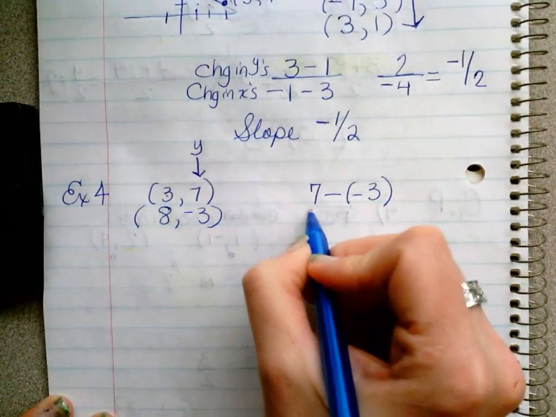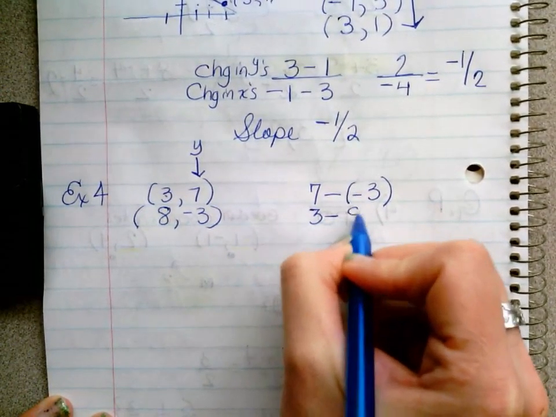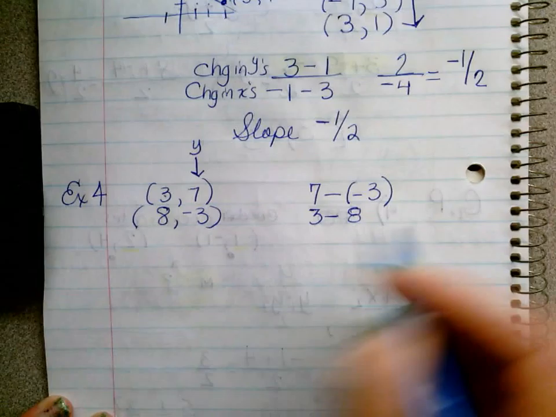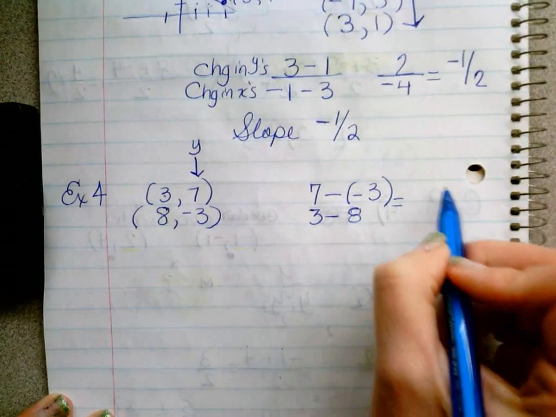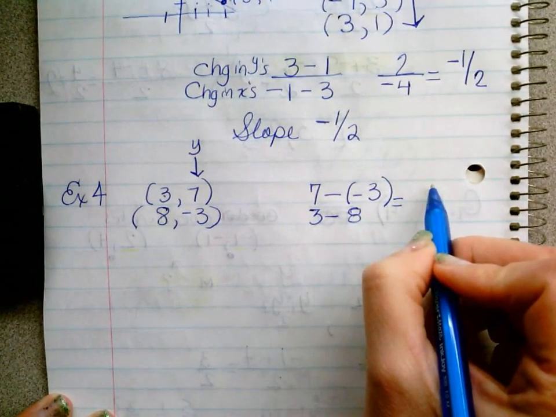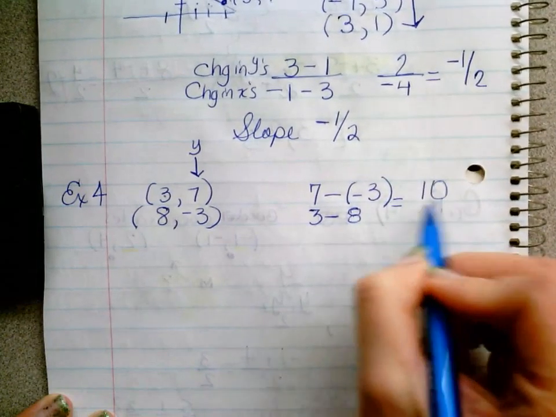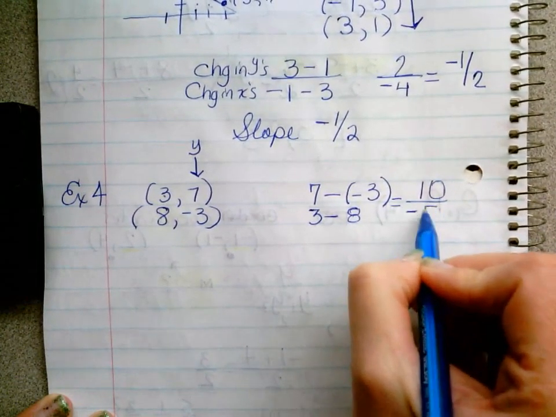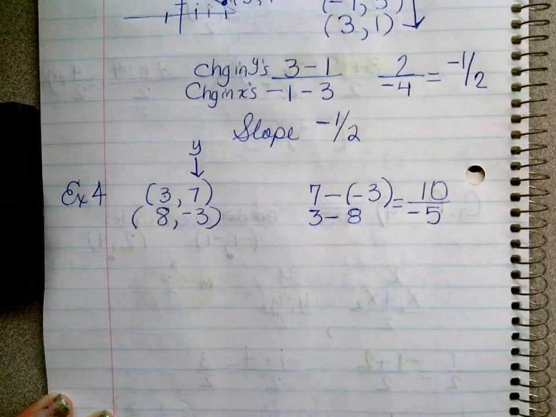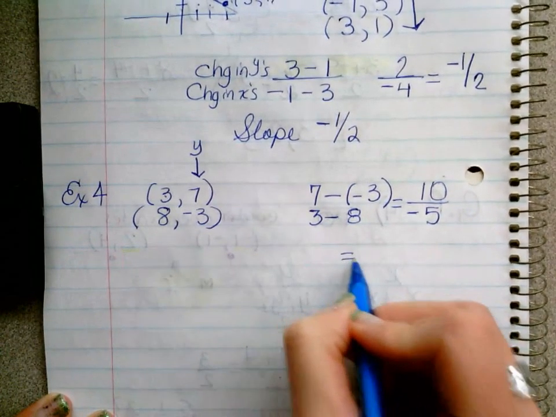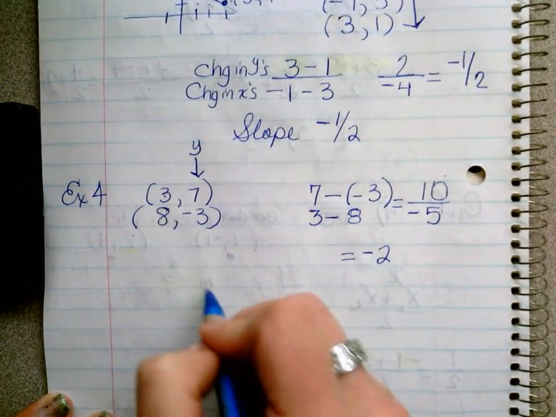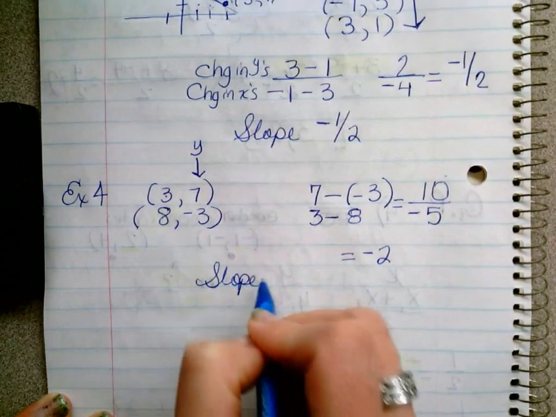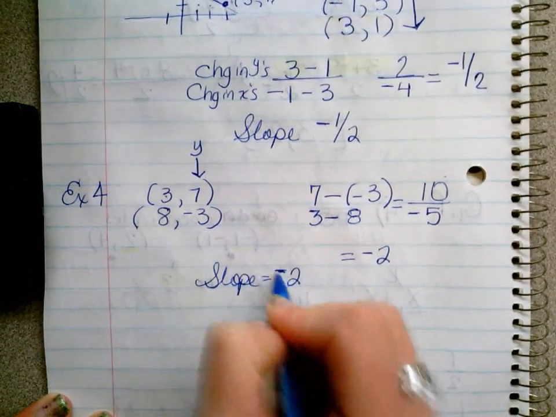The change in x, 3 minus 8. 7 minus a negative 3 is what, folks? Thank you. 3 minus 8, did you come up with a negative 5? Awesome. The result here is a negative 2. Therefore, your slope is a negative 2.